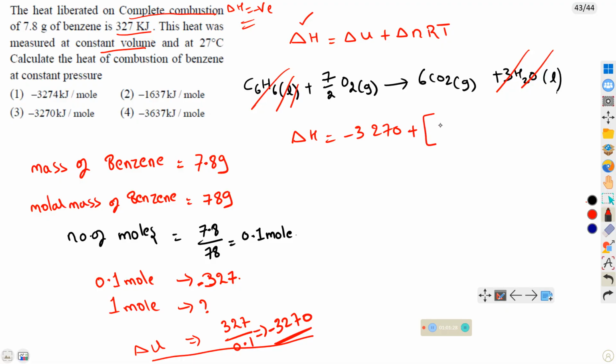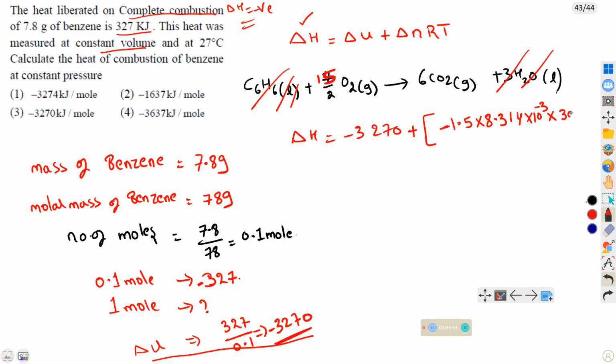Delta n value is 6 minus 15 by 2, since 7 by 2 times 2 is 15 by 2. 6 minus 15 by 2 is equal to minus 1.5. R value is taken in terms of kilojoules, 8.314 into 10 power minus 3.